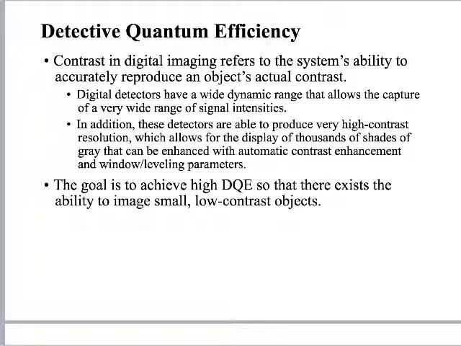Low contrast resolution means the ability to tell the difference between two objects that have a very similar linear attenuation, right? So what am I talking about? Well, let's think about the linear attenuation of the renal capsule versus a nephron.